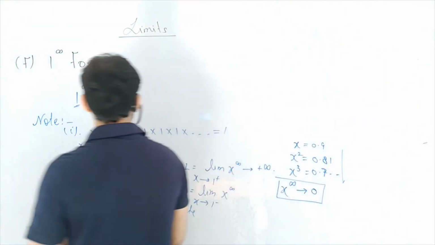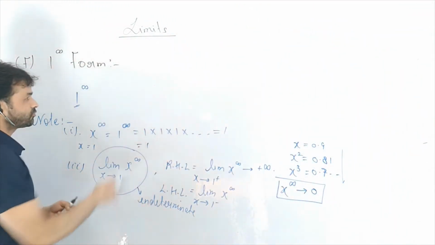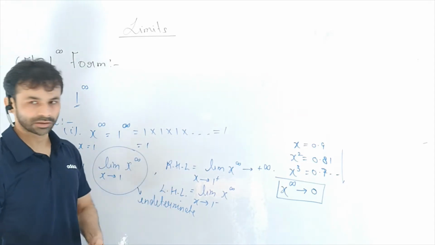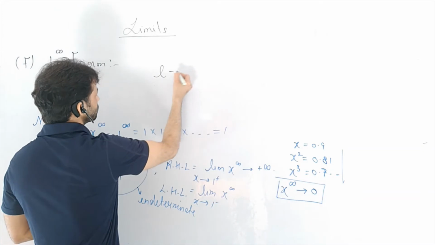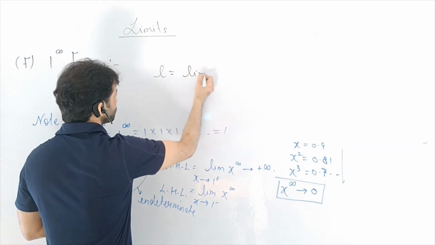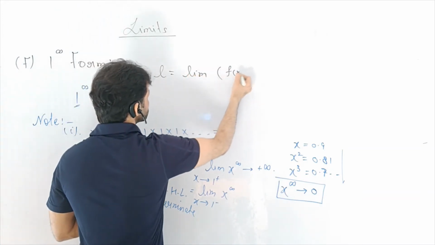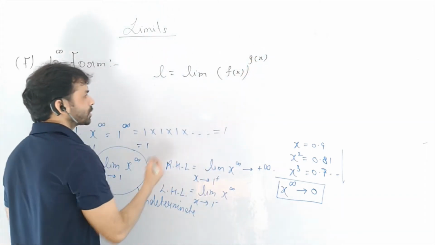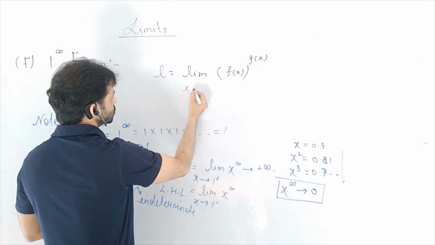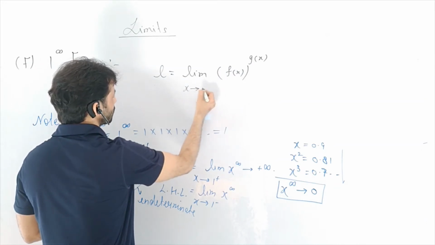When the form is clear to you, you have to find the limit. The limit has to be something like limit of f(x) to the power g(x), with x tending to some value.